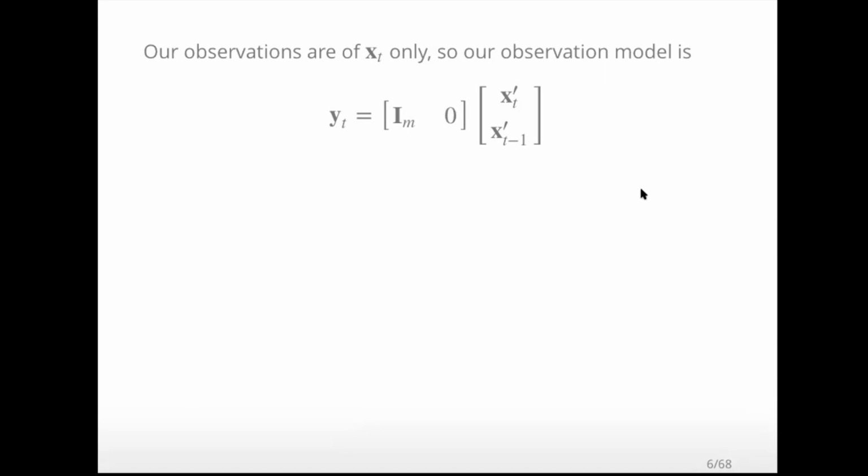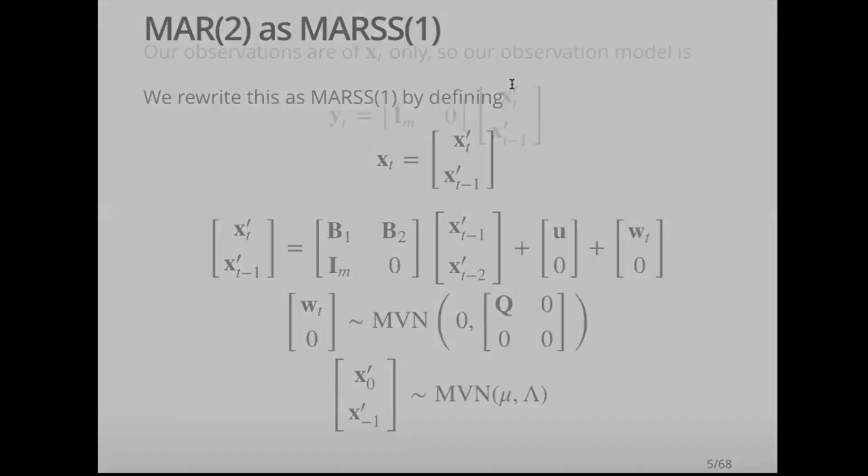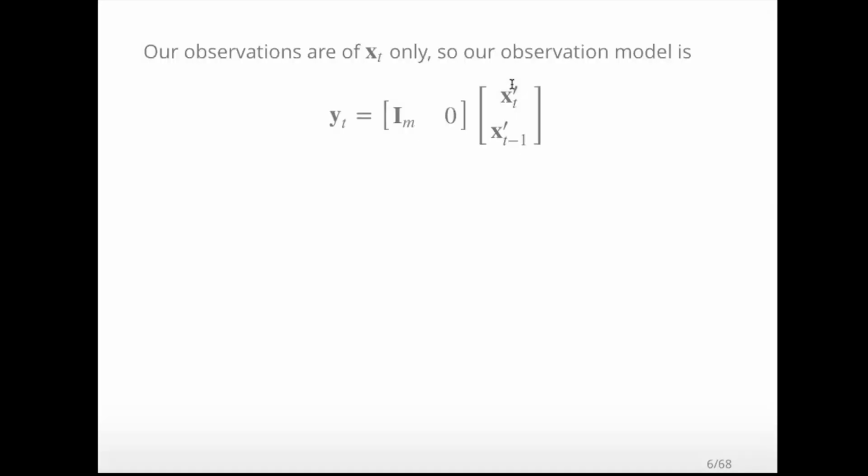And what about our errors? Well, there are none, because we're rewriting that as a state space, and that doesn't have any observation errors in it. But that's okay. We can just say our R matrix is 0. That's fine.